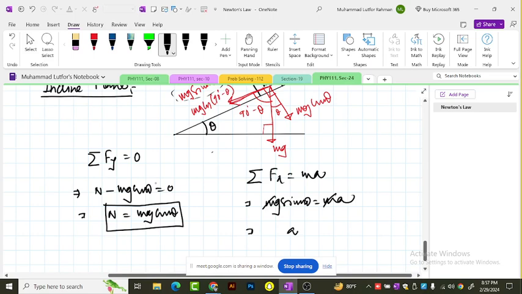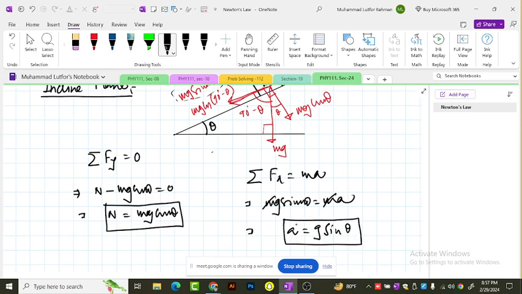You can write a should be simply g sin theta. That's how it should be the acceleration of the block.